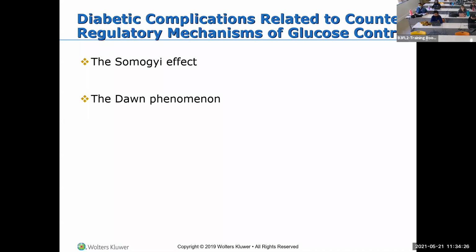Dawn phenomenon says that in the early morning, glucagon kicks in, and that high glucagon raises my blood sugar. That doesn't mean I have diabetes only in the early morning. I have diabetes throughout the day, but in the early morning my sugar goes high. This is normal. That's what is called the dawn phenomenon.